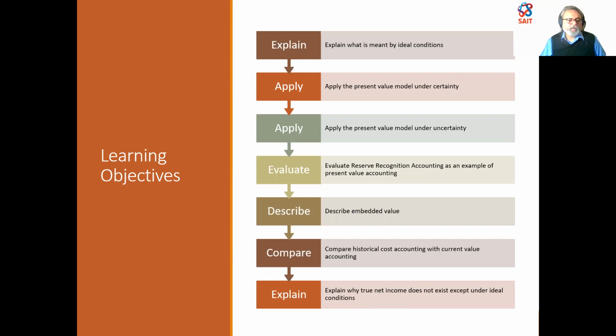So whatever number we come up with is an approximation. And it's not rocket science to figure out why. There's a lot of assumptions and estimates that go into the calculation of that net income. And because of such estimates, the number is an approximation of what net income might be, but it's not a definitive answer.